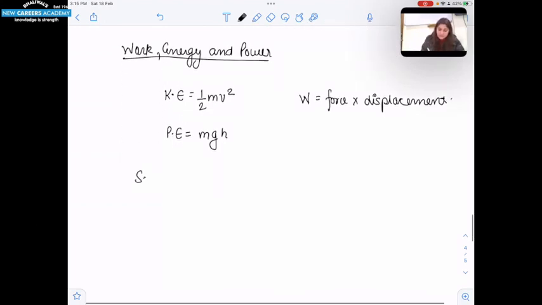Next, we have the sound chapter. There are two formulas in the sound chapter. The first formula is a general formula valid for all waves: speed of wave is equal to its wavelength into frequency.